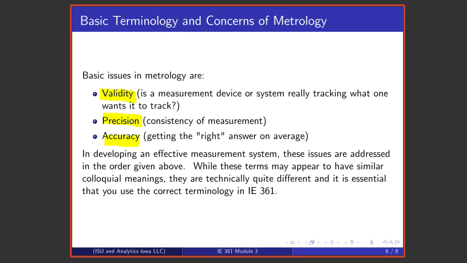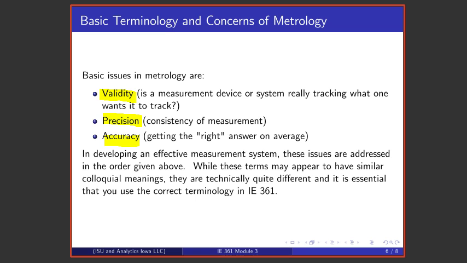And if you're taking IE 361 at Iowa State University, you're going to need to keep track of these things separately for course purposes. Validity of a measurement system means that the system really tracks what is intended. If I'm trying to measure acidity, I'm not measuring temperature of the room, for example.